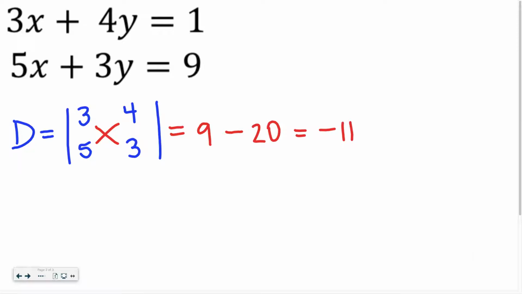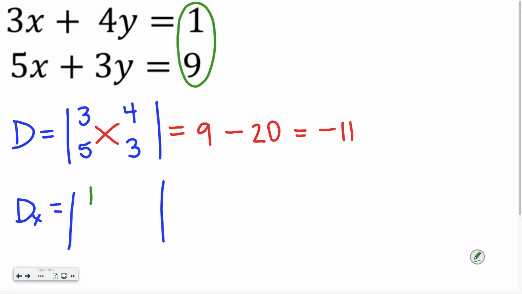Now we need to find each of the variable determinants. Okay. So for D sub x, we're going to take the determinant of almost the same matrix, but since x is the determinant we're finding, we're going to take the x column and replace it with these numbers right here.